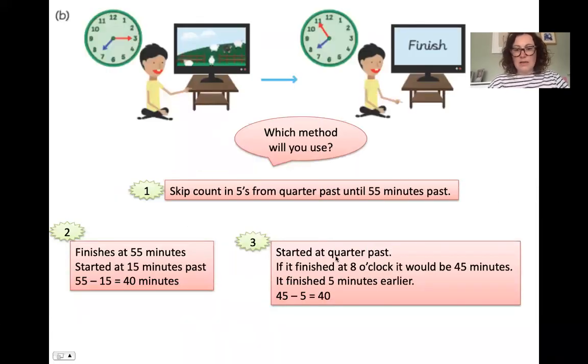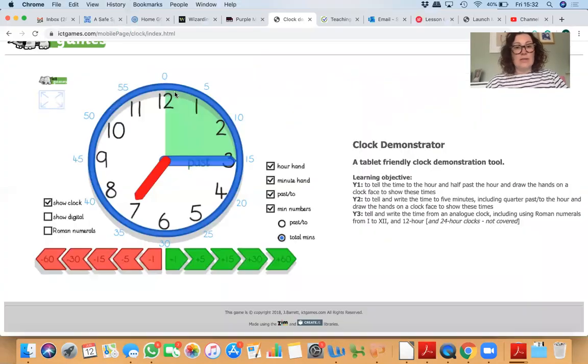Method 3. We're saying that it started at 7:15. If it finished at 8 o'clock, it'd be 45 minutes. If it started here, it finished at 8 o'clock, we would have 15, 30, 45. We would have 45 minutes.